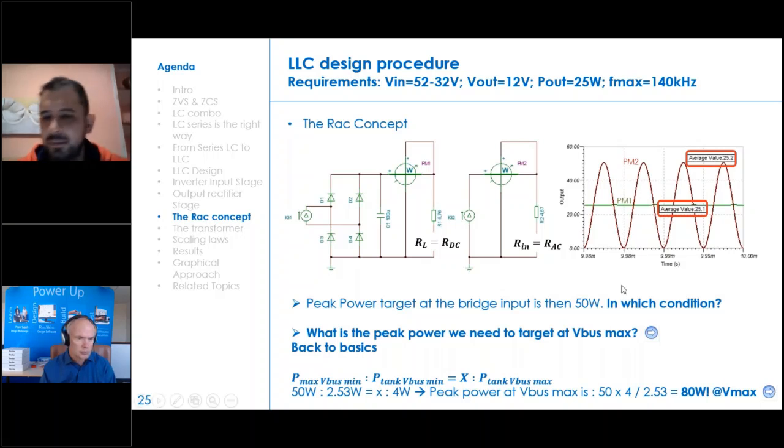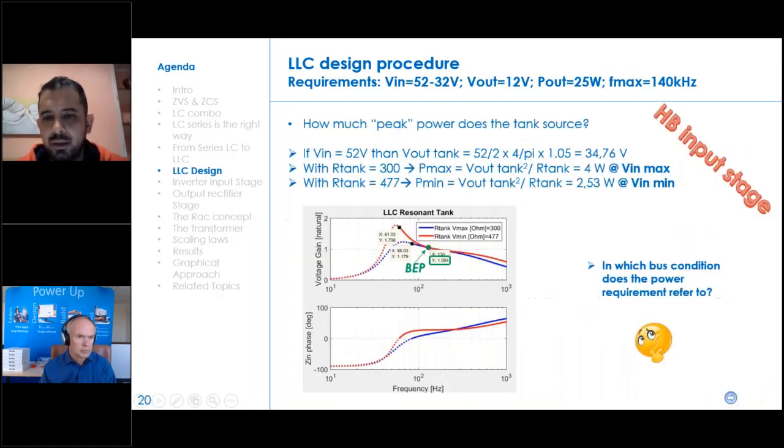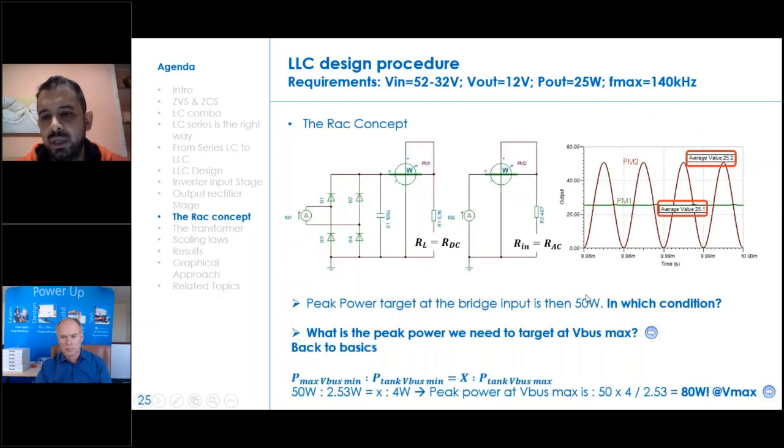So here, we know that the power of the tank, the maximum one is 4, the minimum one is 2.3. This is DC power of our tank. We have calculated that we need 50 watts peak in this section here.